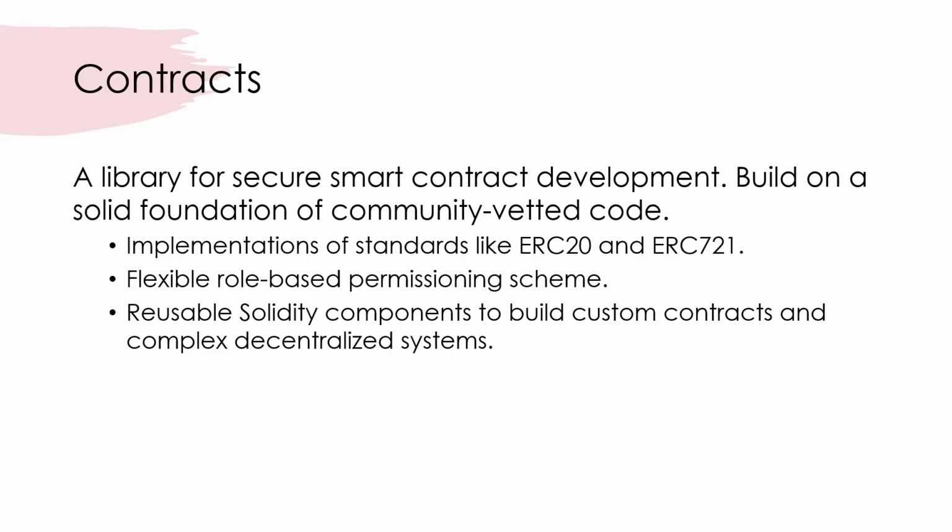While Defender, like I said, is a library for security operations, essentially securing your smart contracts. And then the contracts library is made of reusable code, reusable contracts that you wouldn't have to repeatedly write. And they're all written in Solidity.